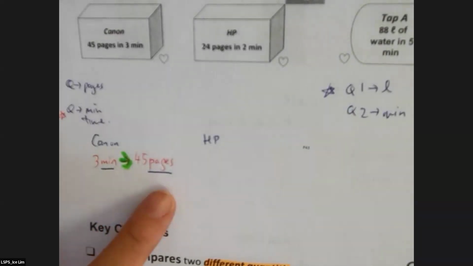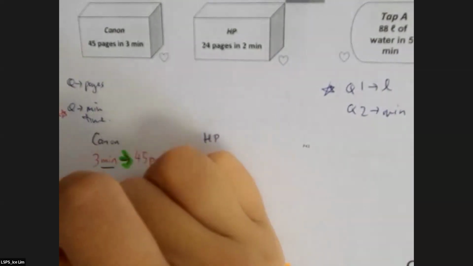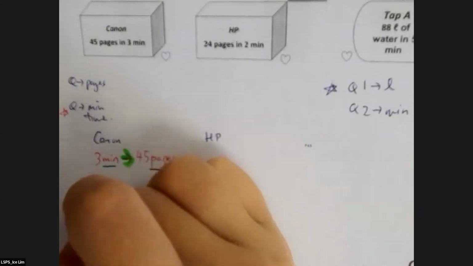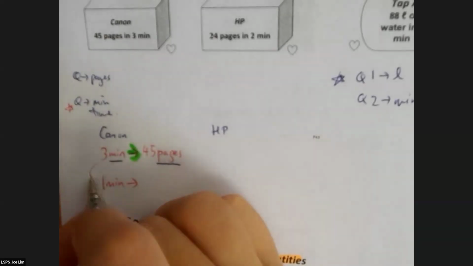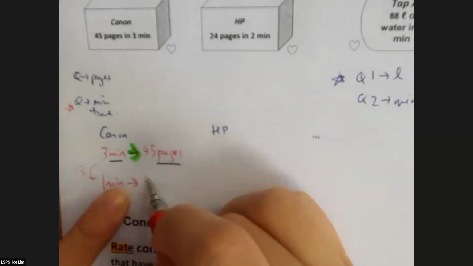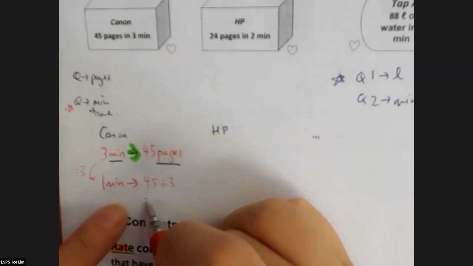So this is 3 minutes related to 45 pages. So 1 minute is like from 3. Can you think how you can apply equivalent ratios? I divide by 3 here. 3 minutes become 1 minute, right? So 45 pages divided by 3 becomes 15 pages.